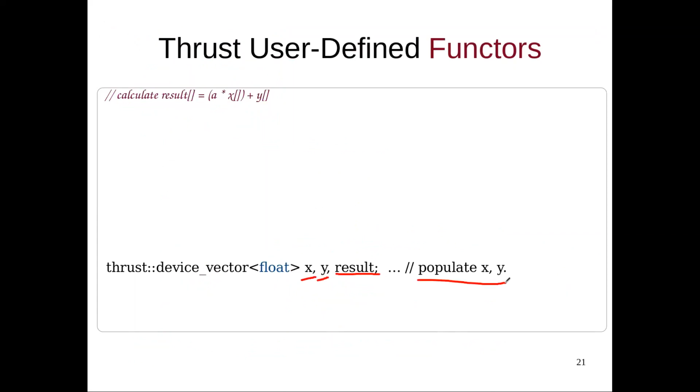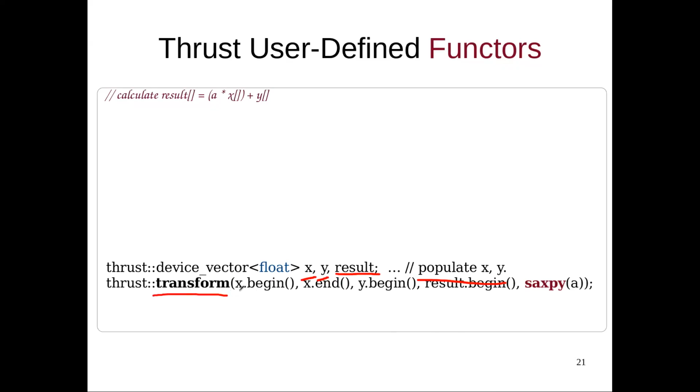Now I want to compute the ax plus y of all of that, right? So one of the ways in which I can do it is to do a transform where I start from the x vector, then the y vector, and then I'm going to write some processing of that into the result.